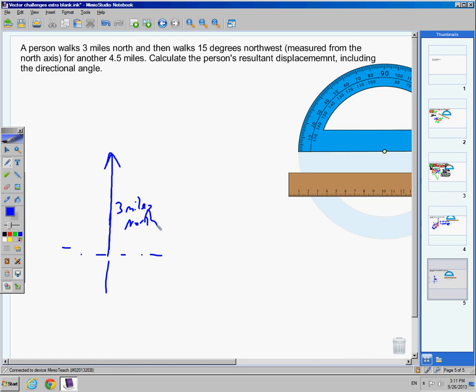And then walks at 15 degrees northwest, measured from the north axis. So here's my north axis, and I'm going to measure. That's my 15 degrees, and this happens to be 4.5.